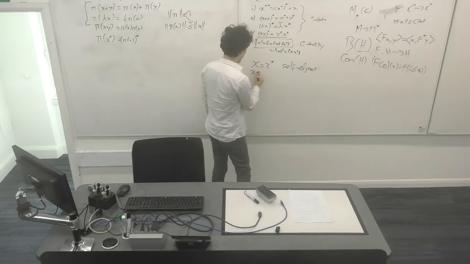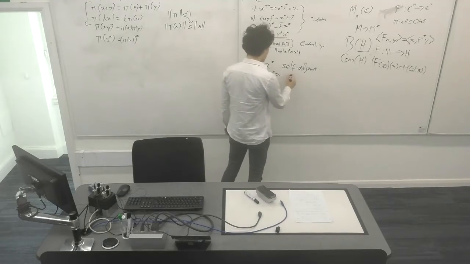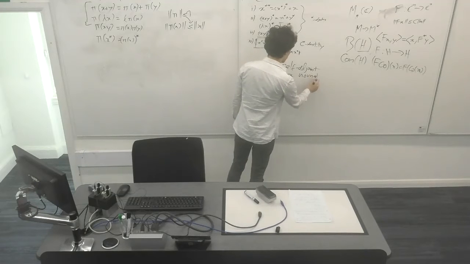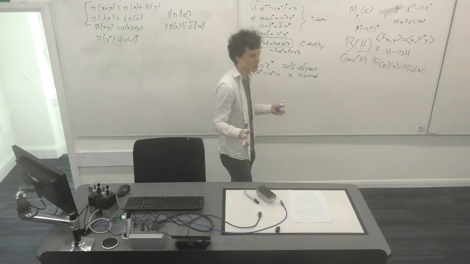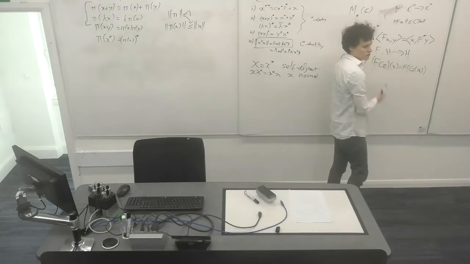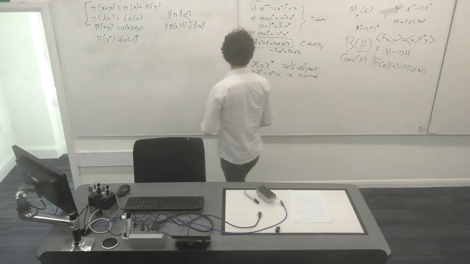Another thing, if x star x equals x x star, it doesn't necessarily have to be commutative, then x is called normal. And we'll be talking about commutative C-star algebras in a second, but it obviously doesn't necessarily have to be commutative. Obviously, operators don't have to be commutative, you know, matrices aren't commutative. Exactly so.